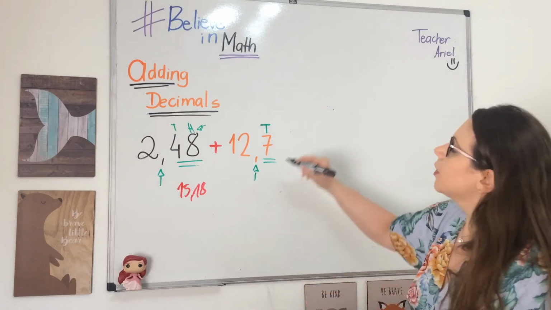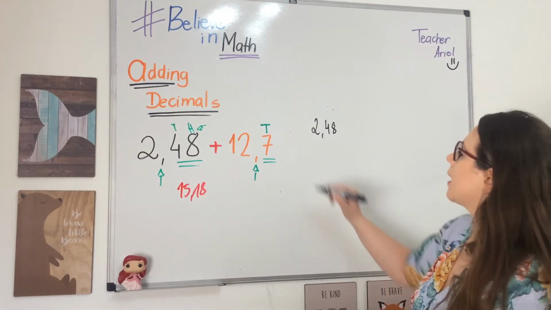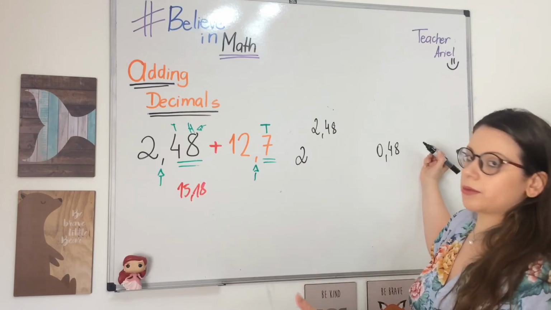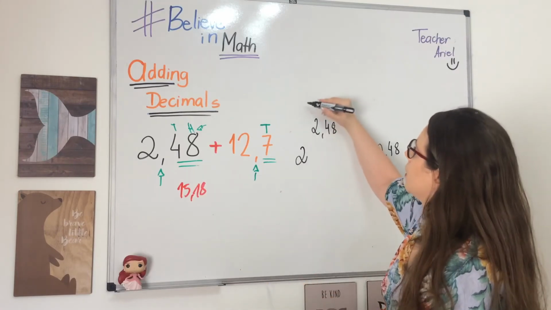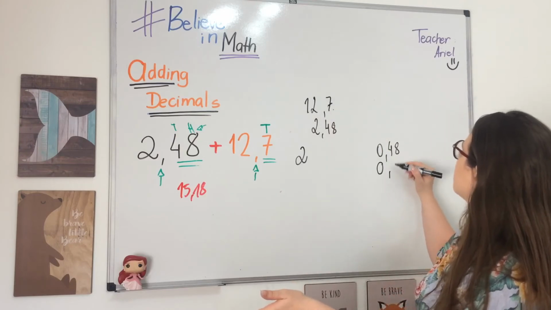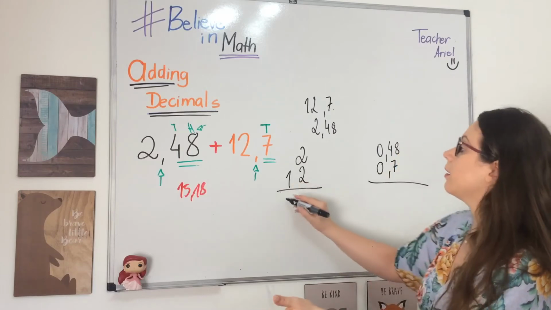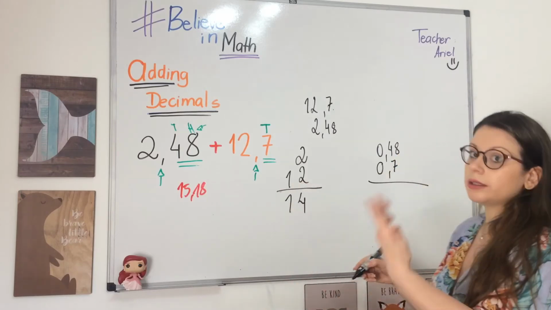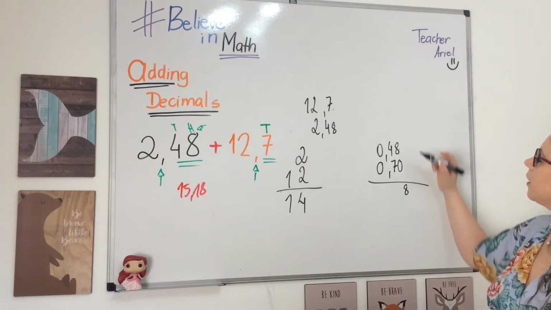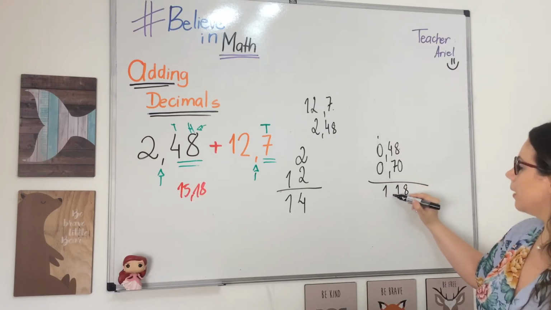So for example, 2 wholes and 48 hundredths. I can work like 2 and 48 hundredths. 12 and 7 tenths. I can do this and 12, and then I add. It can be done. It certainly can be done. So 8 plus 0, 8, 4 plus 7, 11, 1.